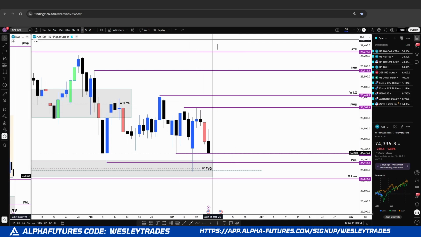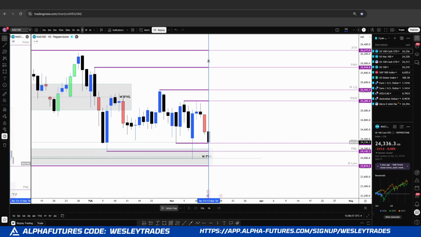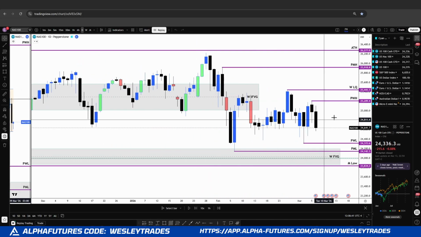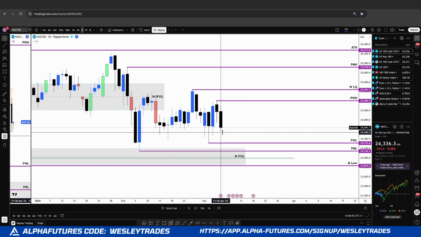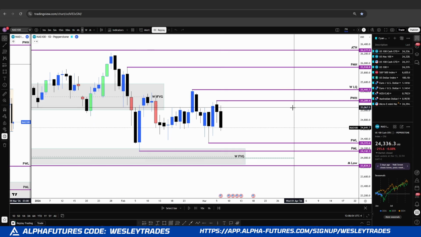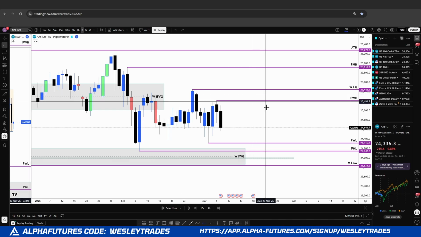I'm actually going to use the replay tool to remove Monday so that you can clearly see that at the beginning of this week, this is the previous week low. This was the previous week high. It hasn't been taken yet. So I'm going to work through Monday, basically. In any case, let's move on to the daily liquidity levels still.